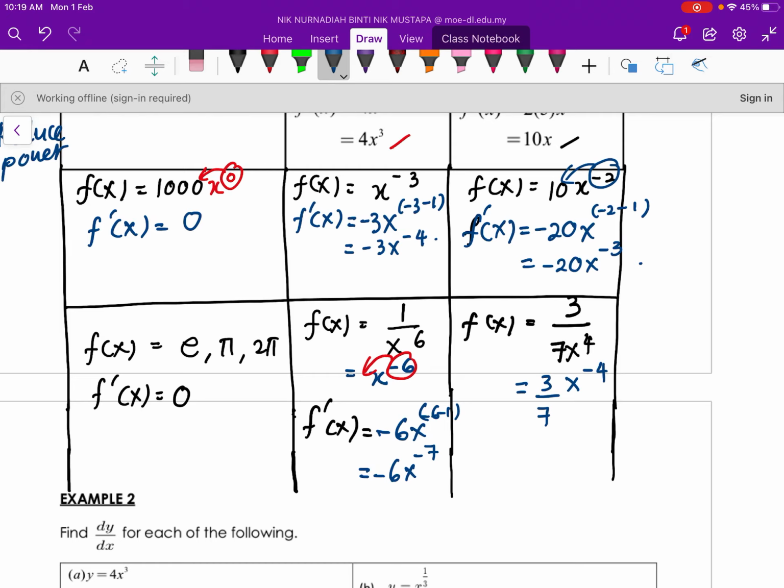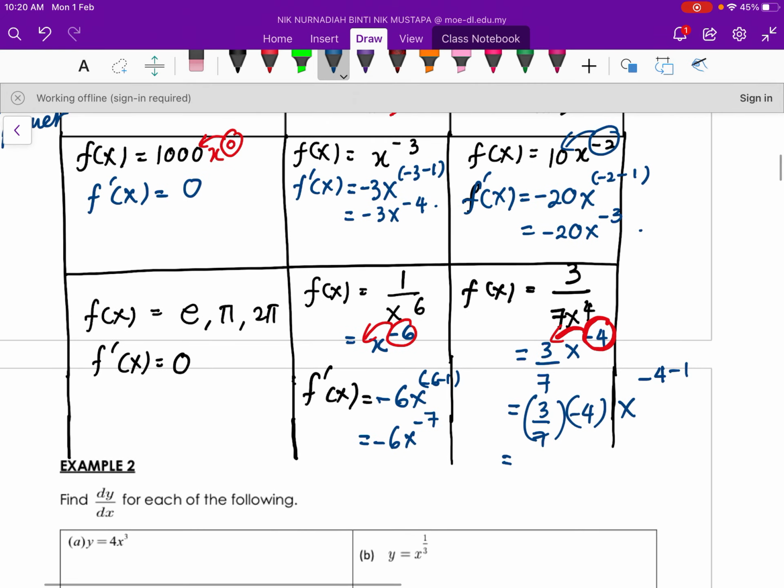So by using the same method, bring down power, reduce power. If this first step is correct, the step that comes after that must be correct as well. So it will become 3/7 multiplied by -4, x to the power of -4 minus 1.